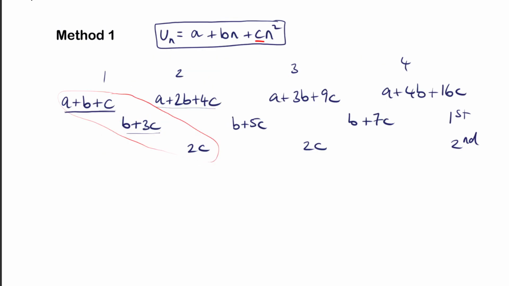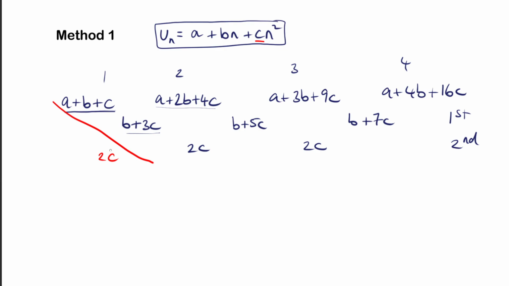Now, a slightly easier version is to draw a line down here like this and work out the numbers that came before. I'll show you why that helps in a minute. The second difference is always 2C, isn't it? Now, you can see the pattern here of the first differences.